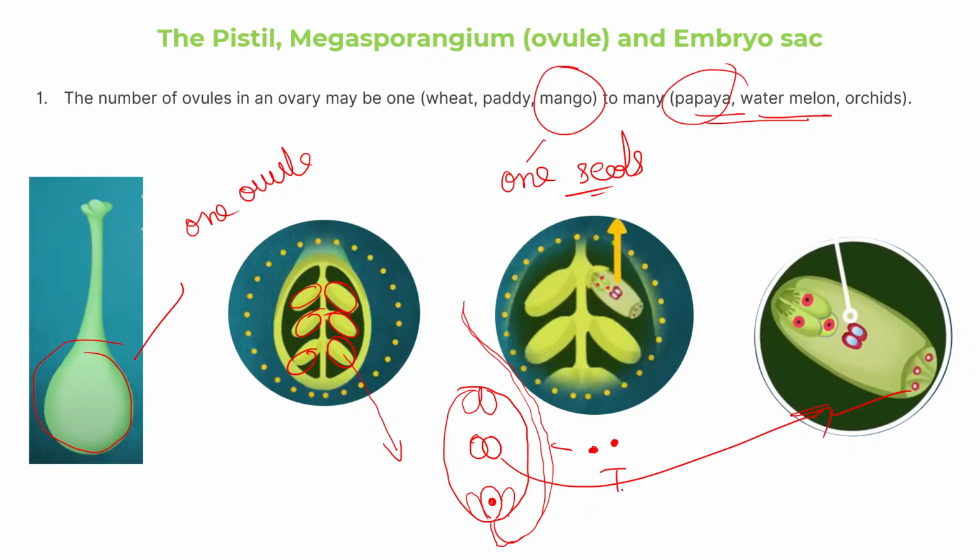One male gamete fuses with this egg cell, and the other one fuses with this central cell. This central cell forms the endosperm. For the formation of this whole fruit or seed, they need some nutrition, so this is the endosperm formation. And the one male gamete fuses with the egg cell, and here the zygote formation occurs.